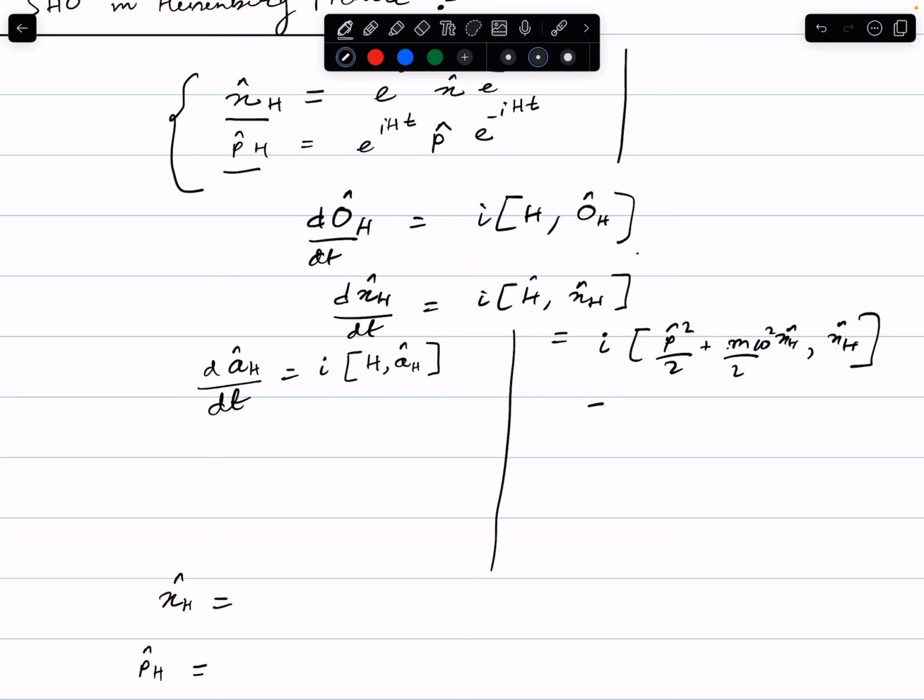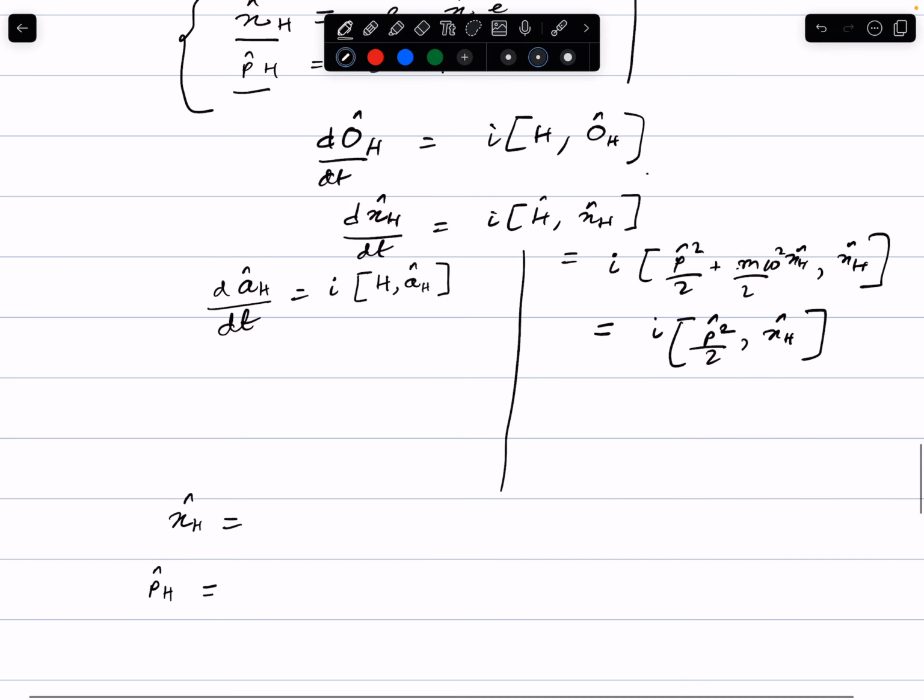So this is nothing but i times p squared with x_H, and what is this? So this is 2 i H bar P by 2.